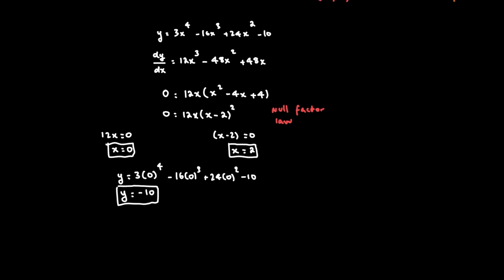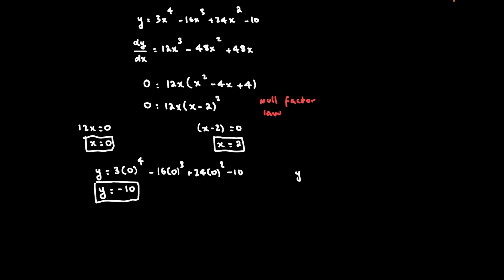And when x equals 2, we're going to do the same thing. So y equals 3 times 2 to the 4, take 16 times 2 to the 3, plus 24 times 2 to the 2, take 10. 2 to the 4 is 16, and 16 times 3 is 48.